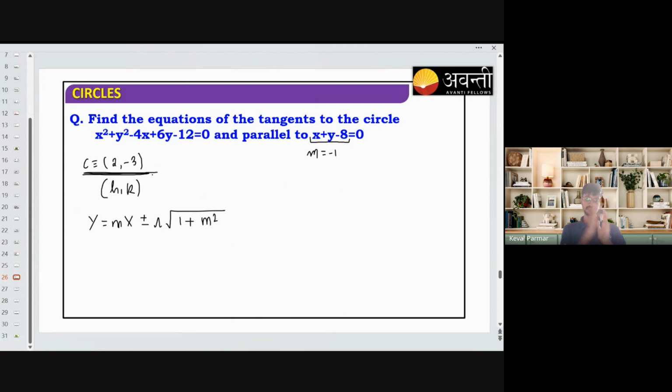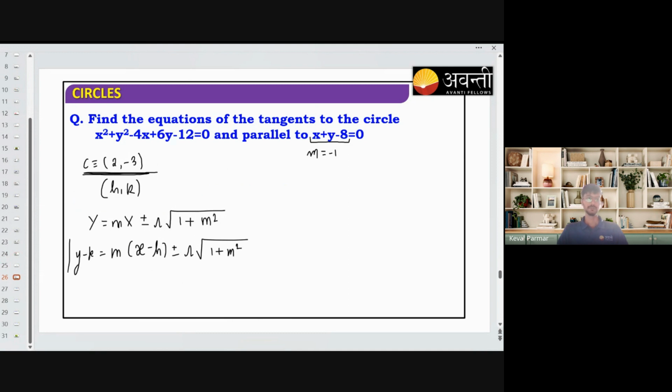If the center was at origin, then there is no need to use shift of origin. But since the center is not at origin, we have to use shift of origin. That means we replace y by y minus k is equal to m into x minus h plus minus r under root of 1 plus m square.